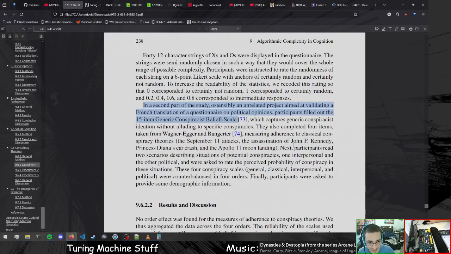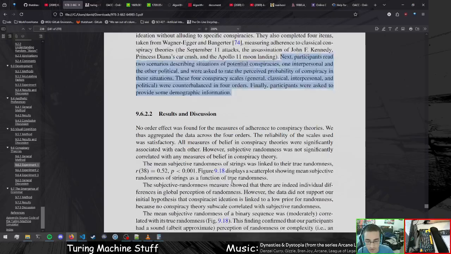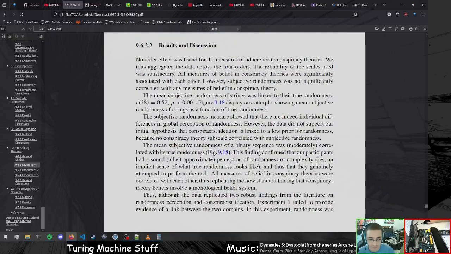The next participants read two scenarios describing situations of potential conspiracies, one interpersonal and the other political, and were asked to rate the perceived probability of conspiracy in these situations. These four conspiracy scales were counterbalanced in four orders, and there is some demographic information.